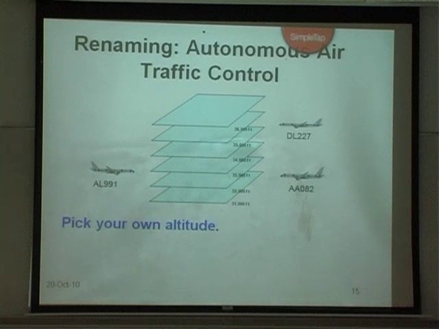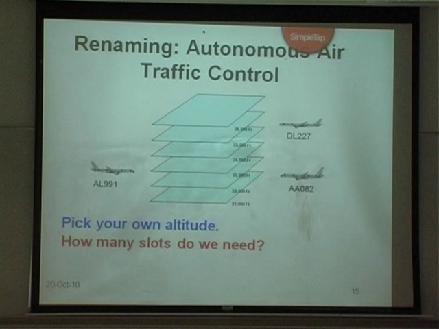All kinds of things can happen. And so you're not entirely sure whether somebody is flying or whether they decided to stop and refuel. And so the question here is, how many slots do we need in order to guarantee, for example, that these 3 airplanes, in the presence of uncertainty, can take unique altitudes? So this is called the renaming problem. And this is yet another problem that we'll look at.